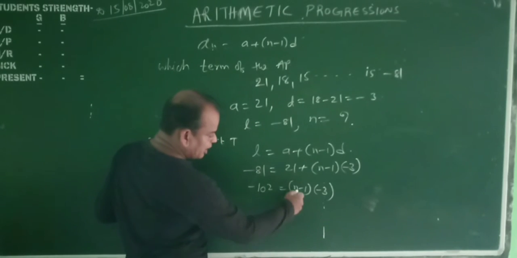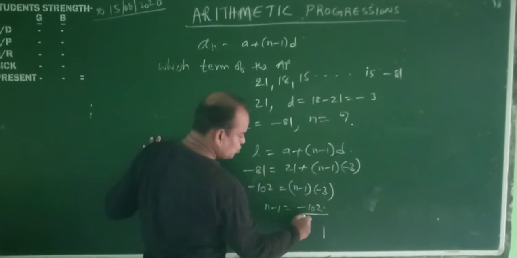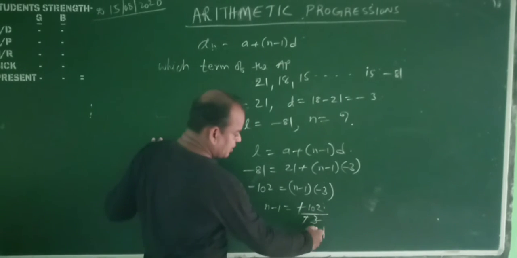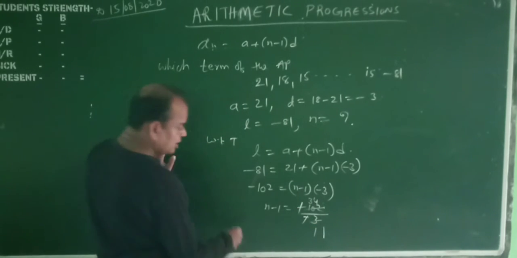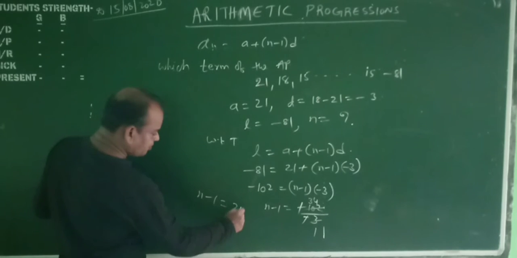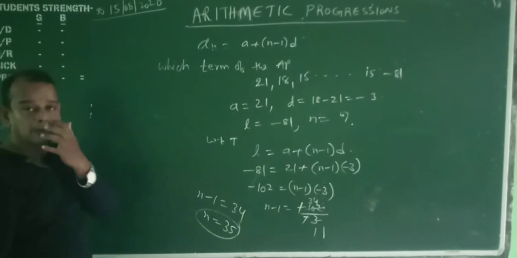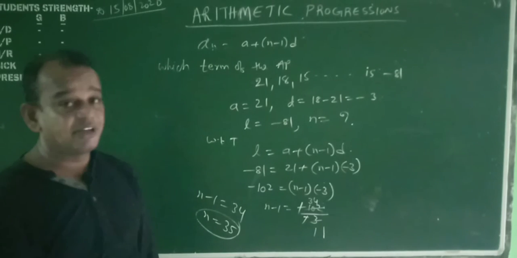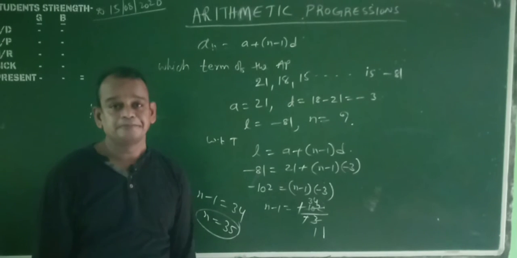Now N minus 1 is equal to minus 102 by minus 3. The minus signs cancel. In the table of 3, 3 4s are 12, so N minus 1 equals 34. N equals 35. So the 35th term is equal to minus 81.